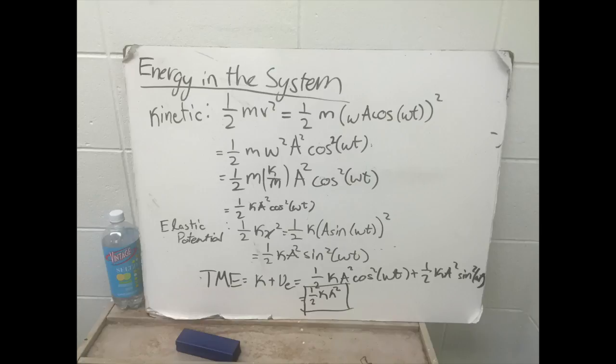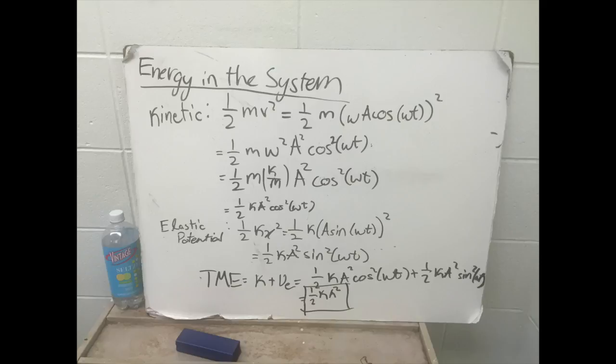To find the specific kinetic energy for the example we looked at, with the object attached to a spring attached to a wall, we'll start with the formula 1/2 m v squared. So we use the fact that v equals omega A cosine of omega t, whole squared, because omega A cosine omega t equals v.